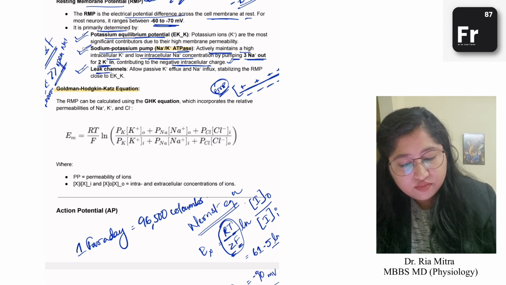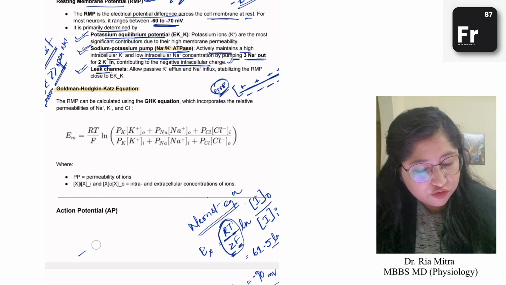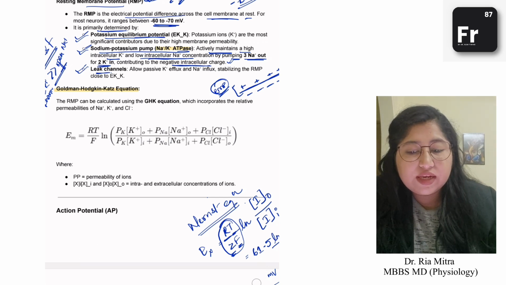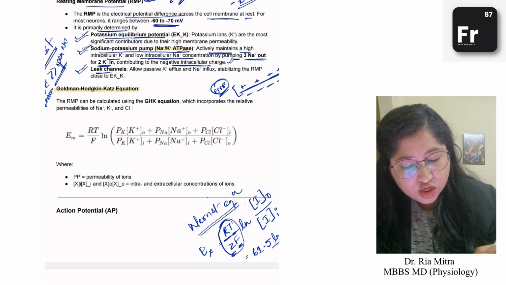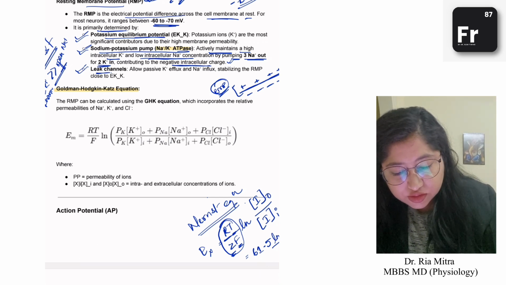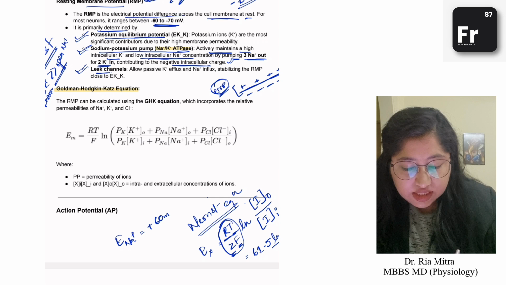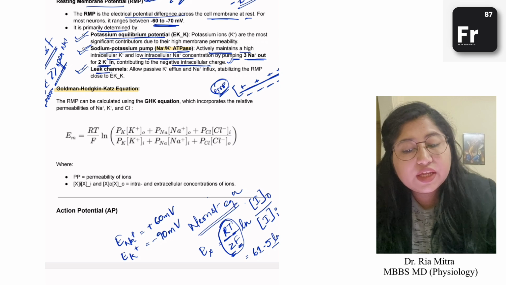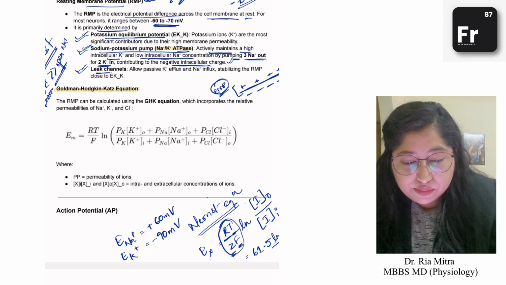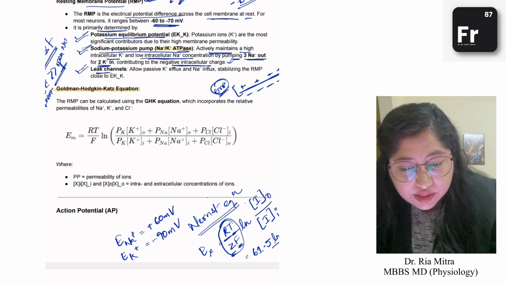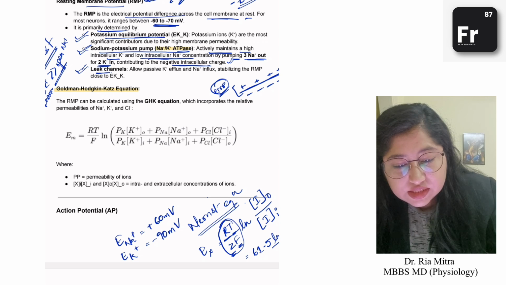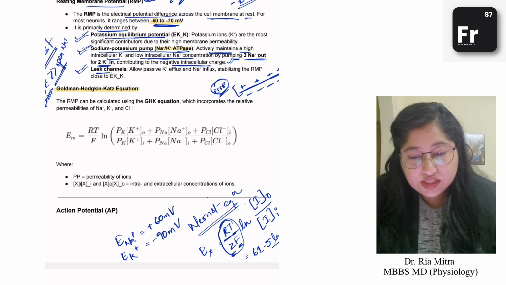Now, using this same formula of the Nernst equation, you can also calculate the equilibrium potential for sodium. Then you would find out that the equilibrium potential for sodium is approximately plus 60 millivolt. And what did I say? The equilibrium potential for potassium is minus 90 millivolt. And in the beginning of the discussion, we saw that the resting membrane potential is approximately between minus 60 to minus 70 millivolt, right?